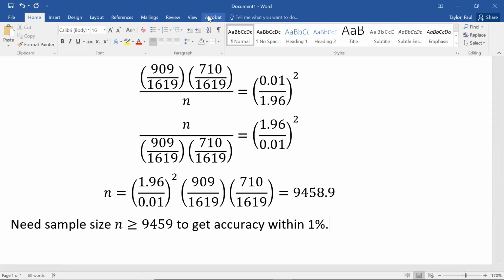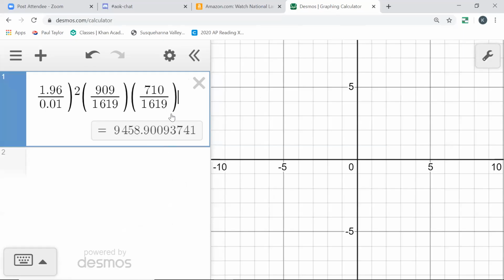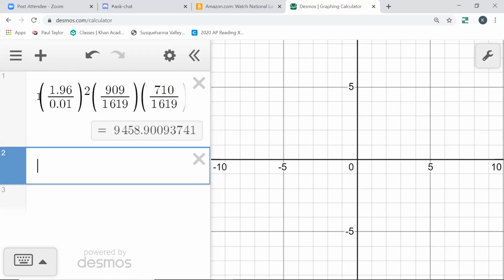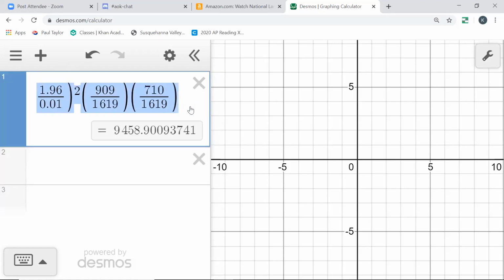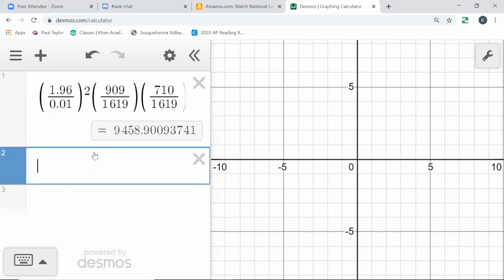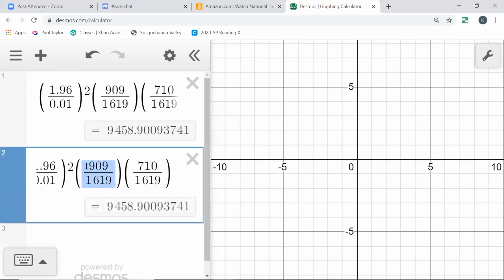Now, there's another thing that you could do to adjust for the fact that we are using these proportions that come from the old poll and are approximations. These numbers could change, and that could change the number down here. There's a maximum that number could come out to, and that's if these two numbers are 1/2.